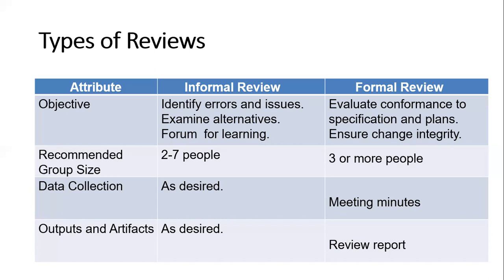If you want, you can collect the data, the outputs, and different artifacts or deliverables. But the formal review strictly follows the standard, so it's essential to maintain the meeting minutes as data, and different reports, for example review reports, are maintained as outputs.